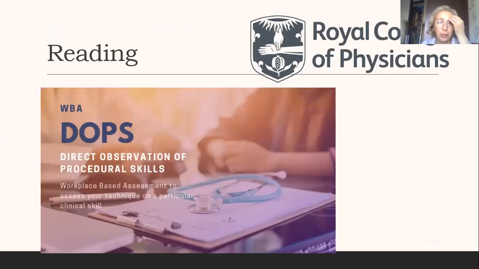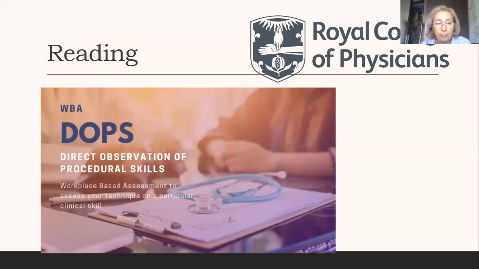And here we are going to read an article which is called DOPS. These letters stand for Direct Observation of Procedural Skills. This is the article about the body which controls how doctors and nurses do different procedures.